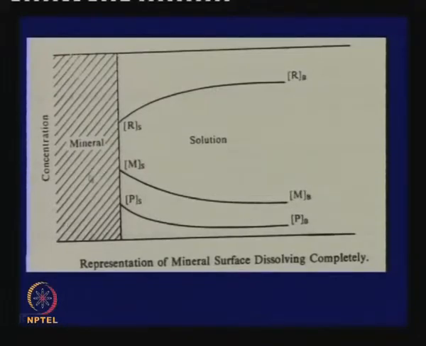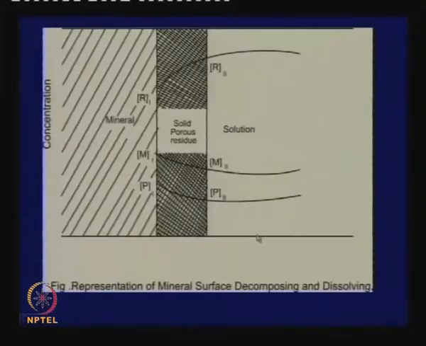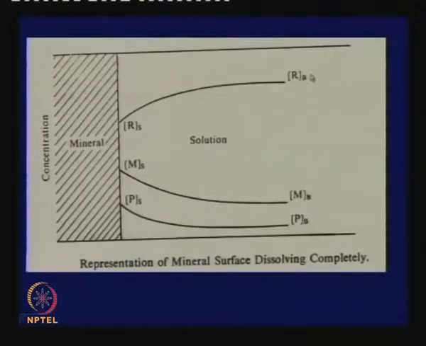The concentration must be increased here. If there are some other products, residues, apart from metallic values going into solution, this would also have a concentration profile. If there is a solid porous residue, then the diffusion processes take place through that residue.